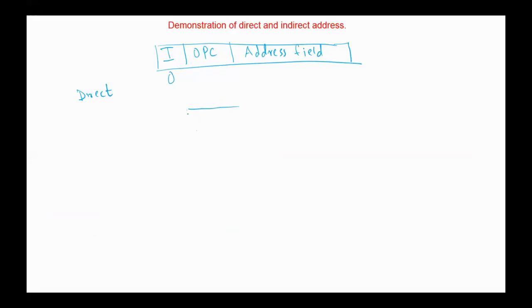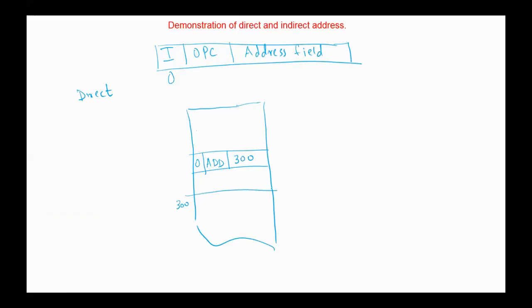Suppose that we have a program stored in memory with one instruction: 0, the operation code for add, and in the address field the value, for example, 300. And the contents of memory location 300 is, for example, 23A1 in hexadecimal.